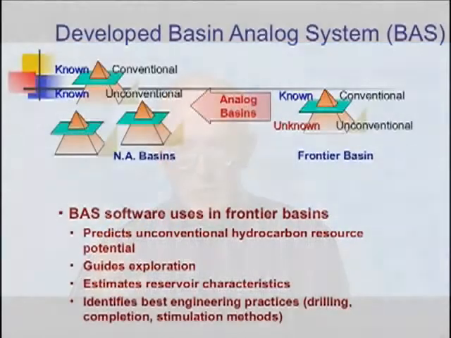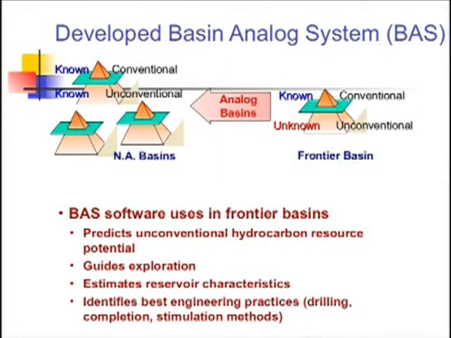It's intended to be a guide for exploration to help us determine what areas look like they might be potentially important. In the software, we are estimating the reservoir characteristics for that unknown, unconventional part of the resource pyramid.